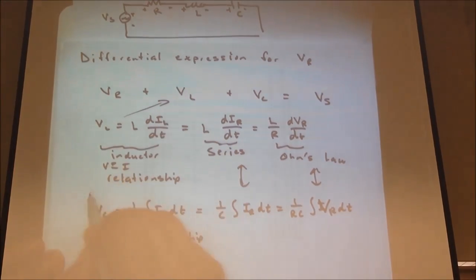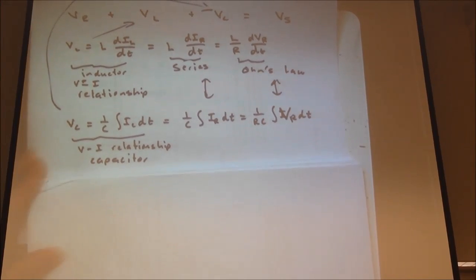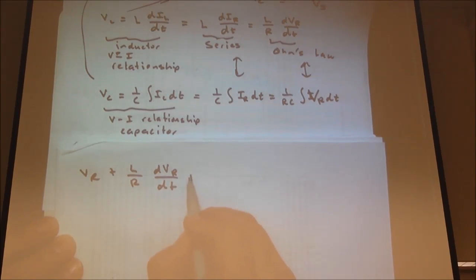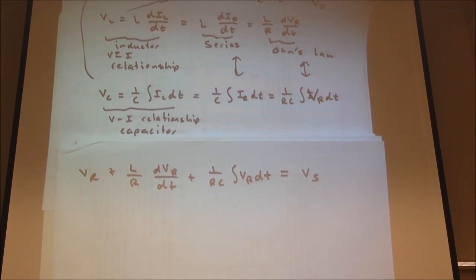So that guy goes there, that guy goes there, and let's do it on a separate piece of paper so we really don't clutter things up. So we look at VR plus L over R dVR/dt plus 1 over RC integral VR dt equals V source. Well, we want a differential equation, and we have an integral here, so what do we want to do?